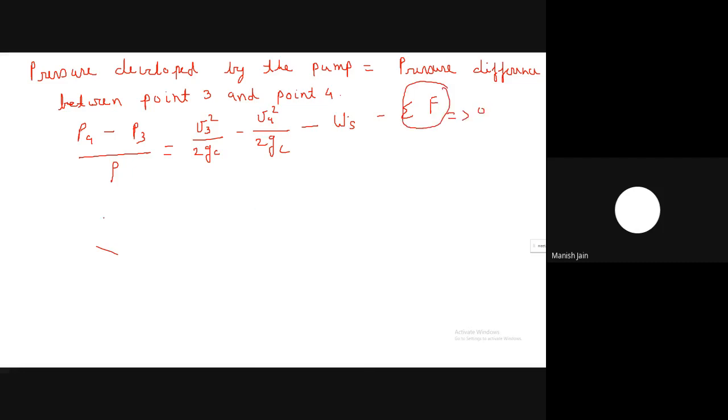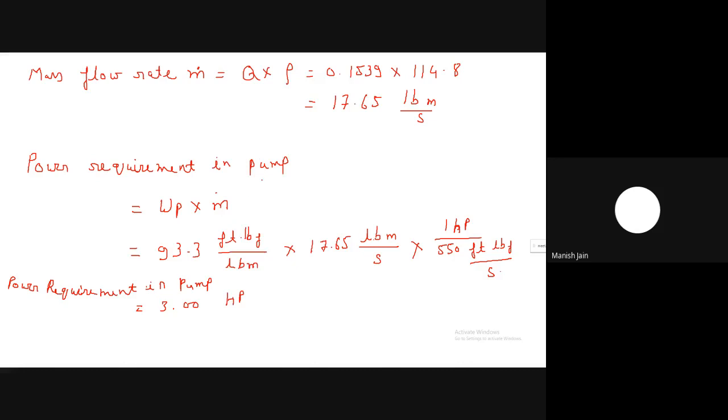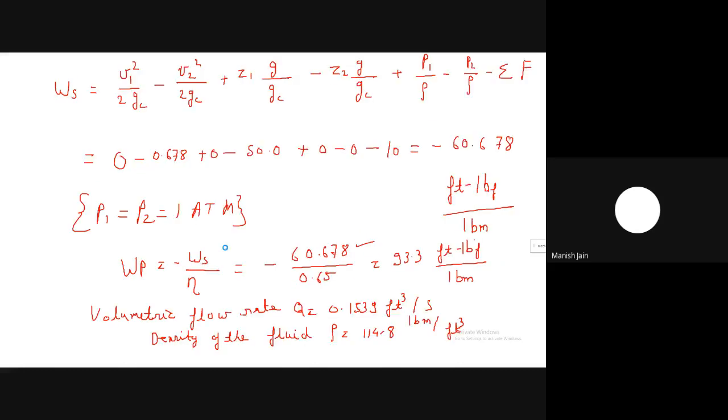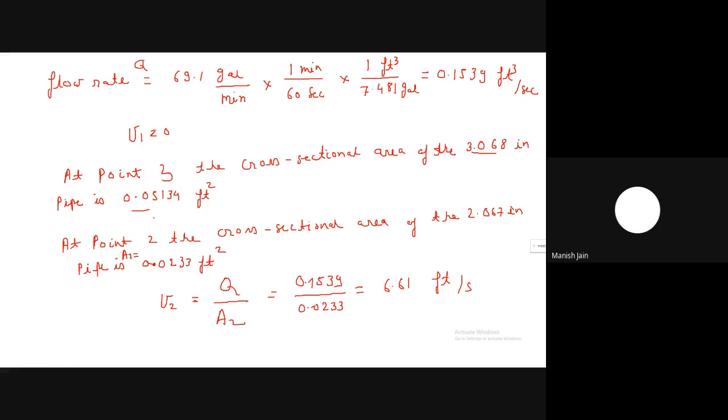Okay. So now you have to calculate V3 and V4 first. How to calculate V3 and V4? Based on the volumetric flow rate. The value of Q is given. We had also calculated the cross sectional area. At point 3, the cross sectional area is 0.05134.